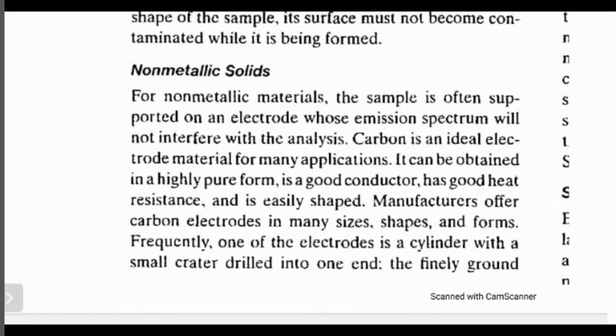Next is for non-metallic elements or non-metallic solids. For non-metallic solids, we generally use a carbon electrode, which is the ideal electrode for non-metals.